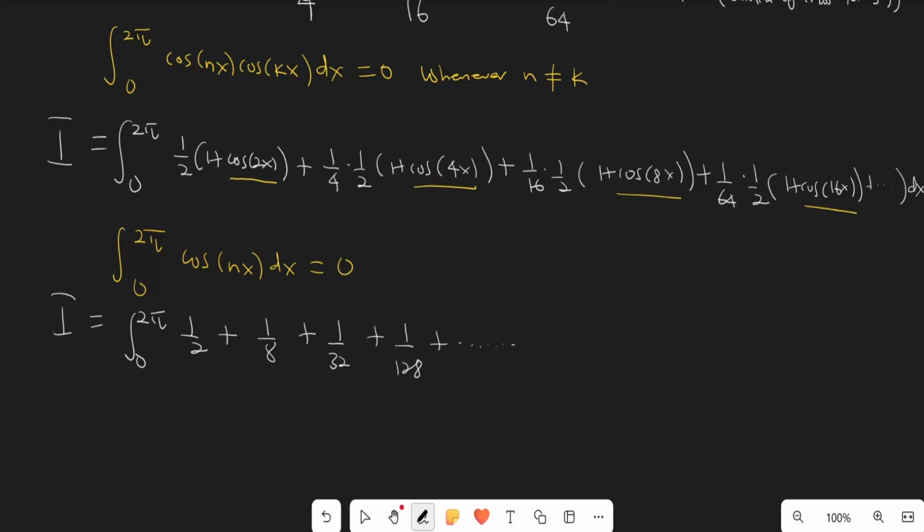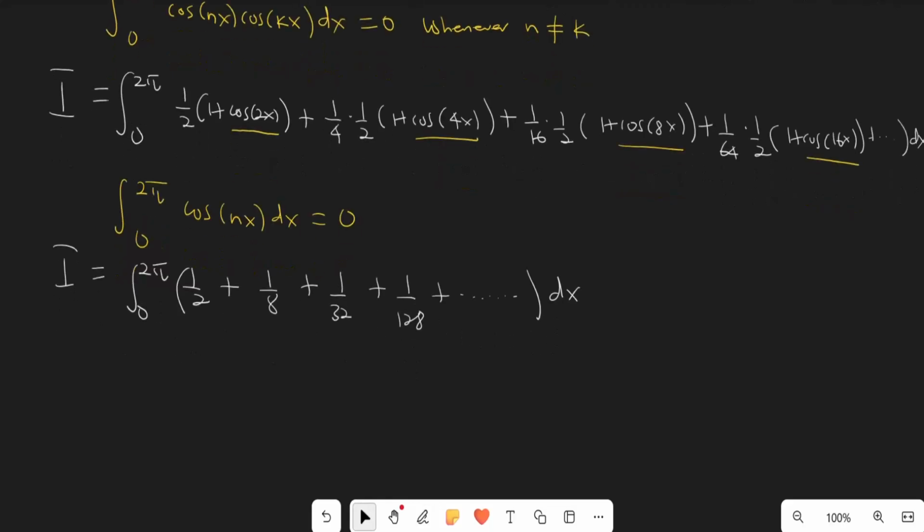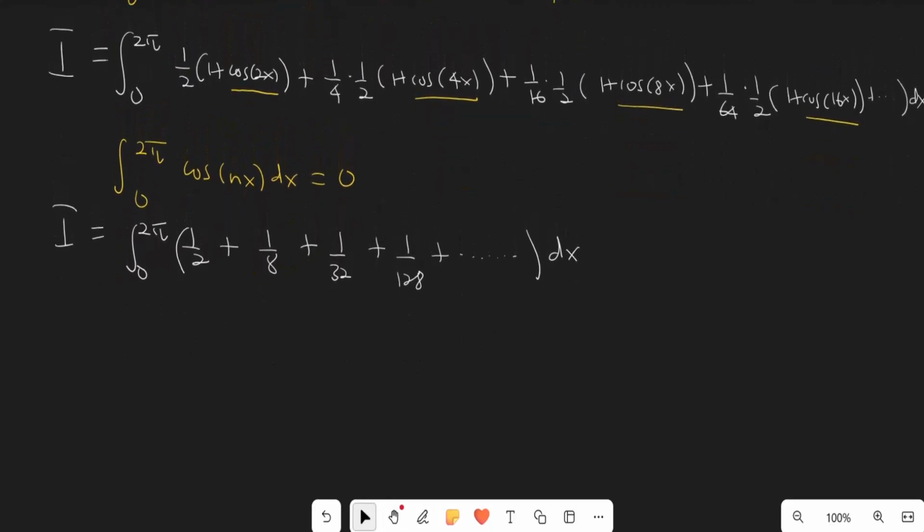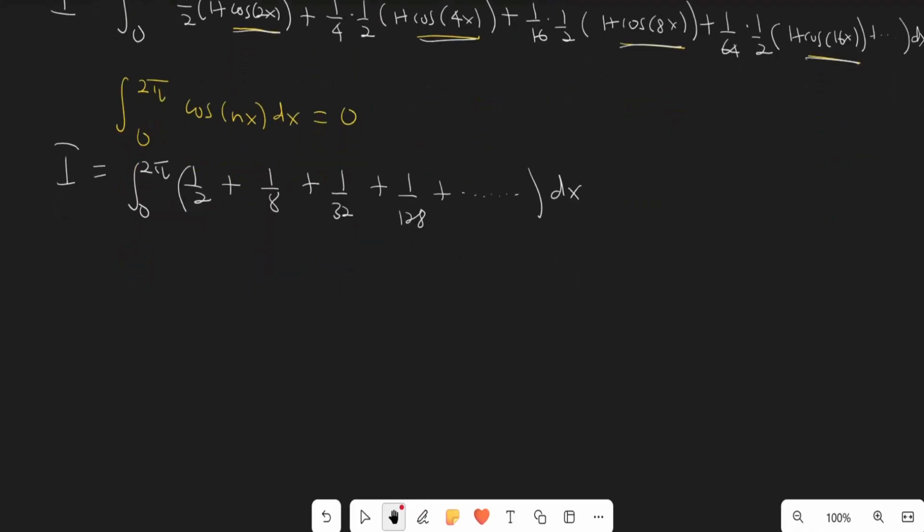This one continues until infinity. This is what is left after the expansion, because the integrals of those other terms are 0.